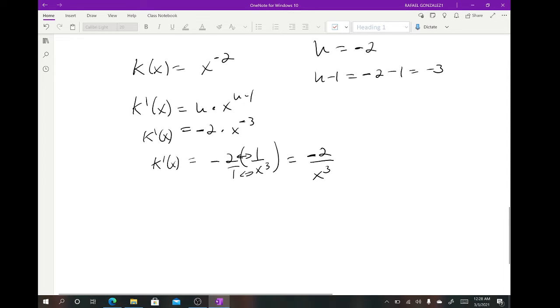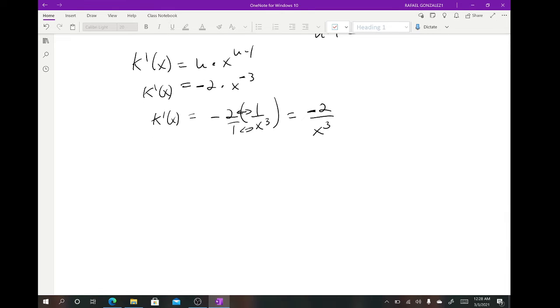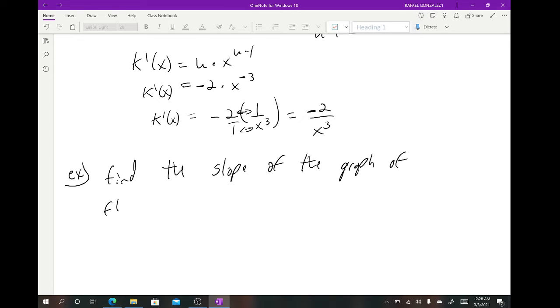Alright, so I'm going to do 2 more examples, a bit more challenging. Let's find the slope of the graph of f of x equals x to the 4 when x equals -1, x equals 0, and x equals 1.